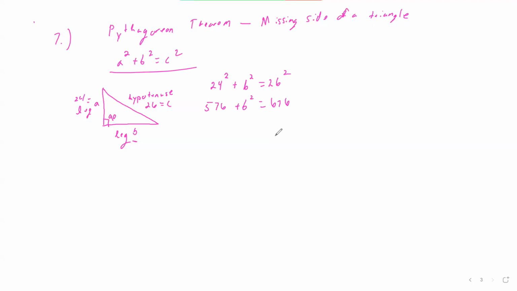Not square root yet, because it's not isolated. You would subtract. Perfect. I got to get rid of it on both sides. Anything you do on one side, you have to do to the other. I want to get B squared by itself. So anything that's around it, I want to move over. I wouldn't want to move this one over because then there'd still be a number attached to the B squared.